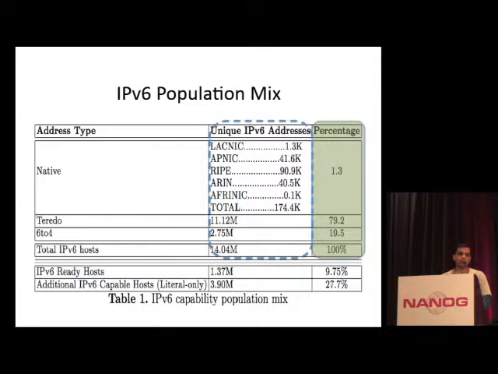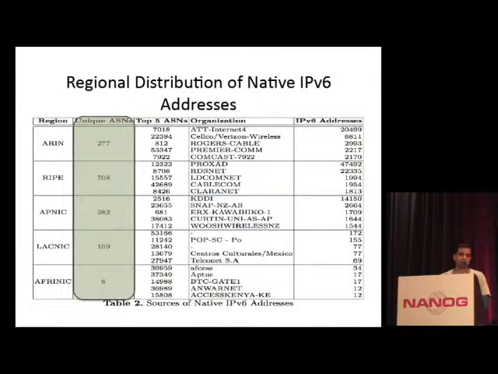You see on the table there the breakdown by region. RIPE region, with 90,000 addresses, was twice APNIC and ARIN. So they're clearly taking the lead role in native v6 adoption. This dives a little bit deeper into the regional trends of native IPv6 address usage within each of the regions in terms of ASNs.